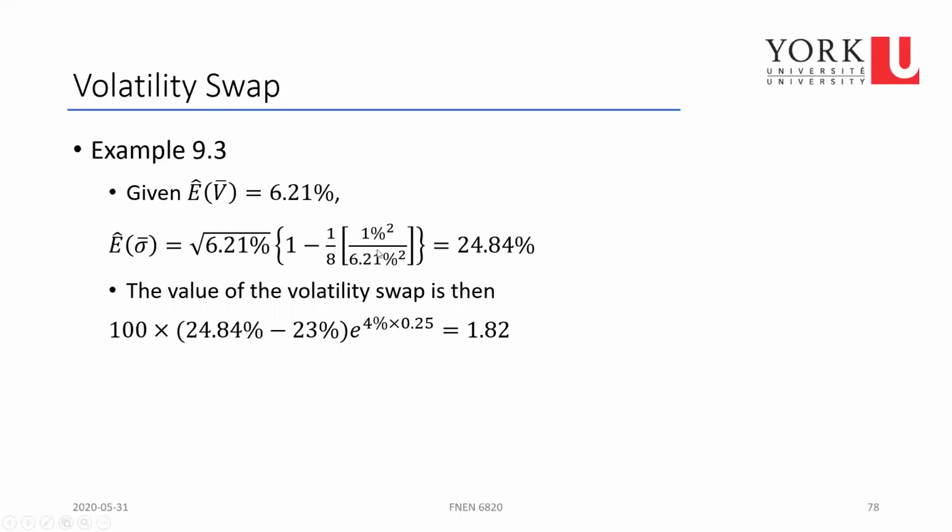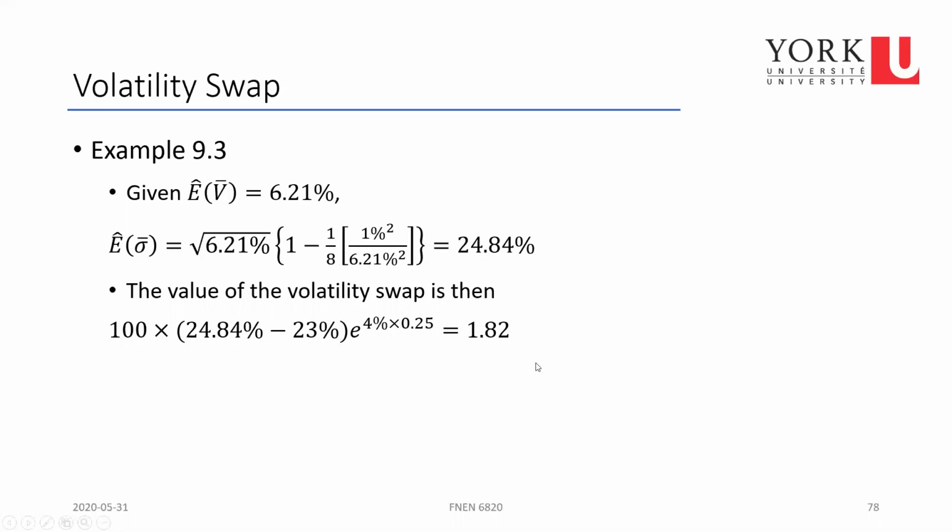And this is expected V bar. And when we put everything in, we have this 24.84%. And then the volatility swap will have a value of 1.82 for the side that is receiving the realized vol but paying 23%.